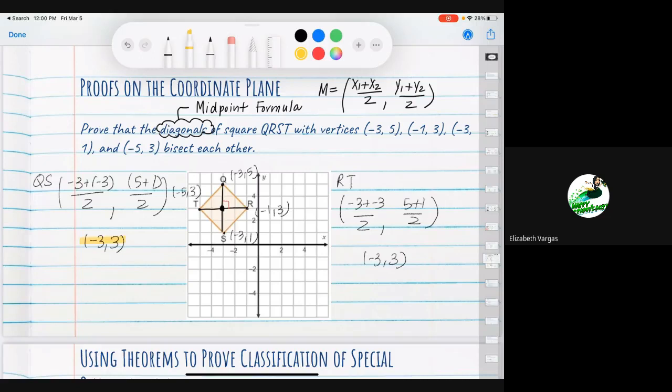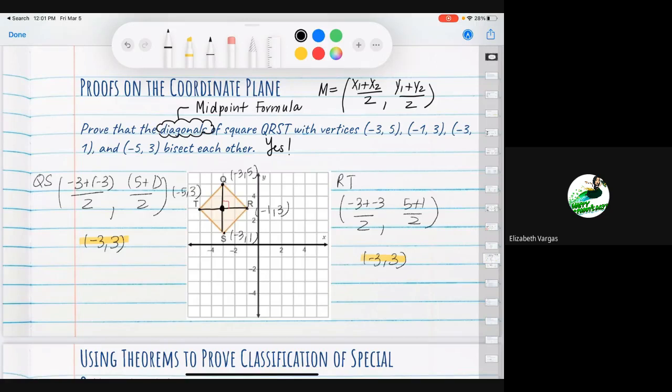And because I have the same midpoints on both sides, do those diagonals bisect each other? The answer is yes, they do. So whenever we're working with diagonals, we want to use the midpoint formula. Okay, any questions about this? Concerns?